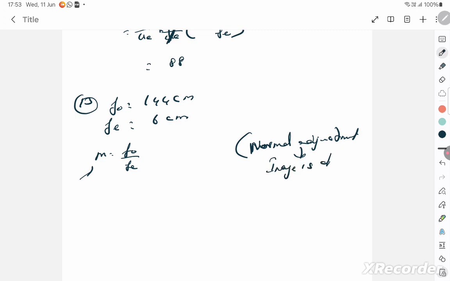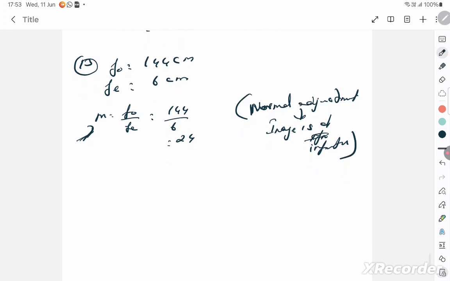Image is at infinity. So then that's the formula. M is equal to FO by FE. Of course, we have a negative sign. We can ignore it because we're just going to write the answer as the magnitude of magnification. So you get this 144 by 6.